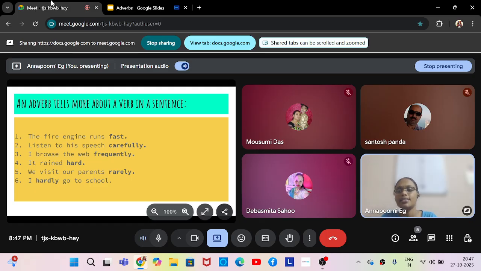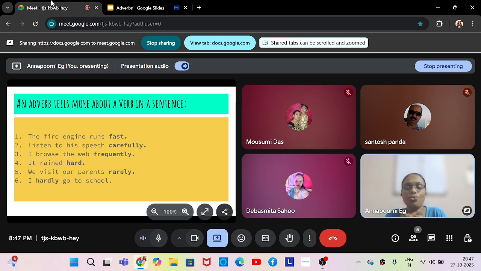Okay, next, it rained hard. So hard is actually an adverb in this sentence, but it is also an adjective in some other sentences, right? For example, if I say, the rock is hard, then hard is an adjective in that sentence.